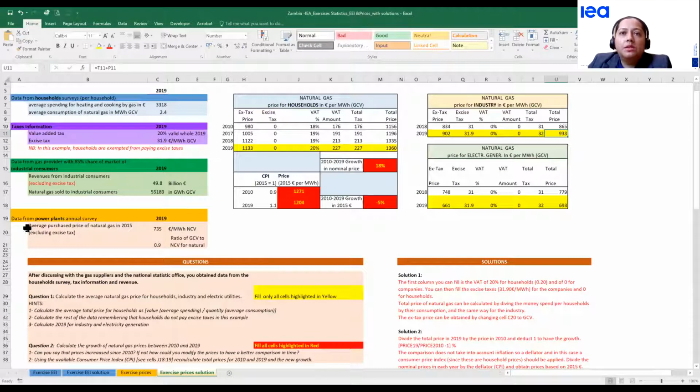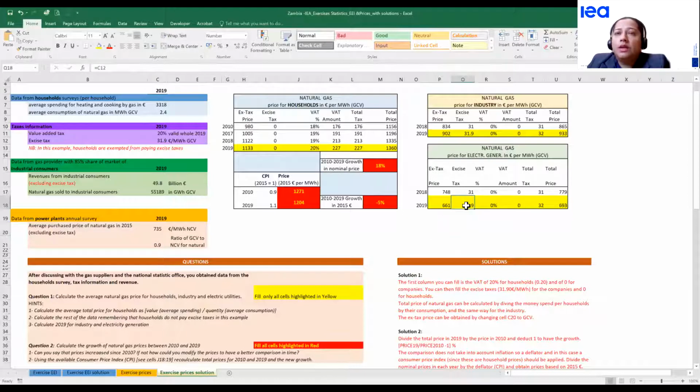Now for power plants here. For power plants, we have the average purchase price of natural gas in 2015, excluding excise tax, so this should be 2019, which is 735 euro per megawatt hour, but here it is in net calorific value. And the ratio of gross to net is 0.9.